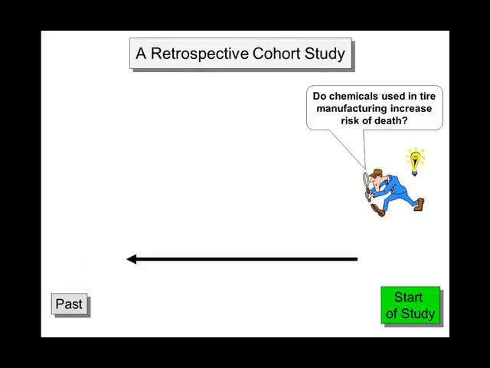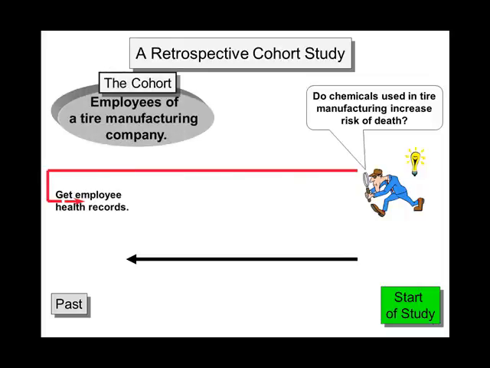Now let's contrast this with a retrospective cohort study. Here our investigator wants to determine whether chemicals used in tire manufacturing increase the risk of death. He's dealing with a relatively rare exposure, and he decides to jump back in time to identify his cohort.